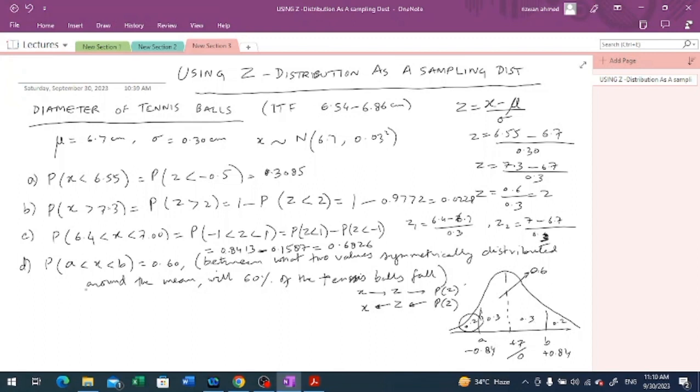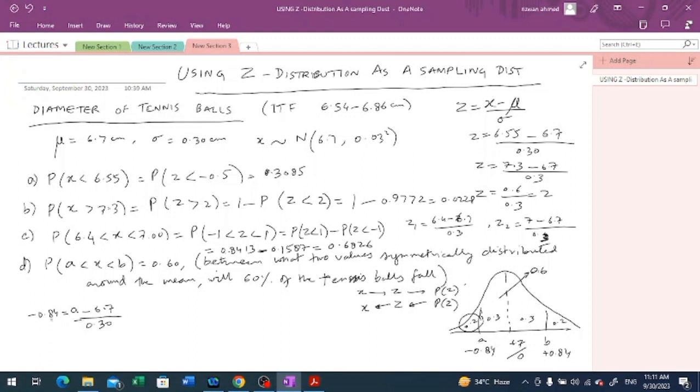Now, considering the formula z equals x minus mu divided by sigma, for the lower bound value of z, which is minus 0.84, the corresponding value of A is an unknown value of x. We are given the mean value 6.7, divided by a standard deviation of 0.30.